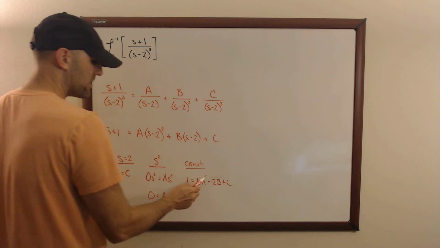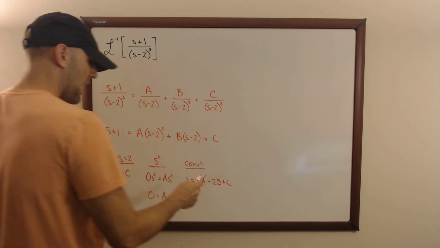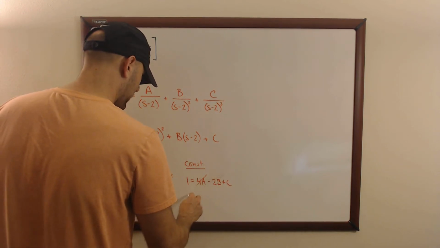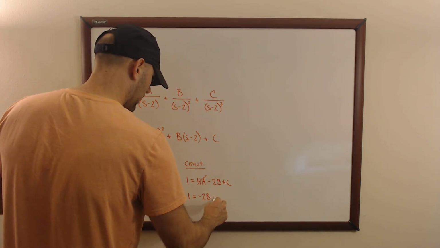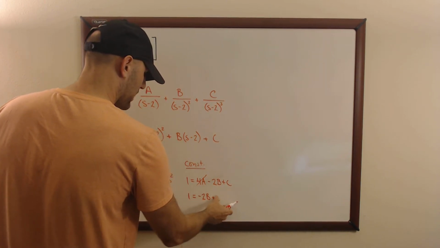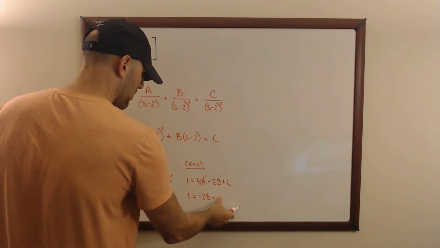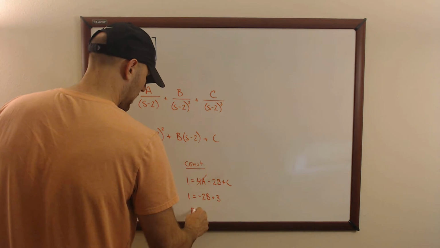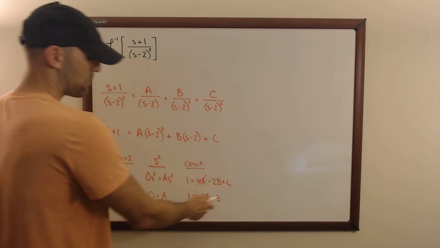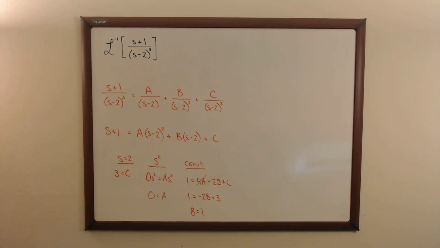Now we know a is 0, so 4 times a is nothing, and c is 3. So 1 is equal to negative 2b plus 3. This gives me b is equal to 1. Right? Subtract 3, divide both sides by negative 2, I get b is equal to 1.